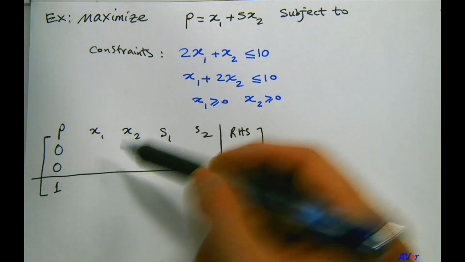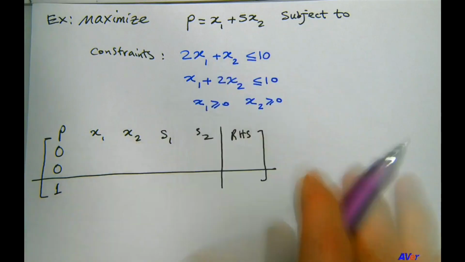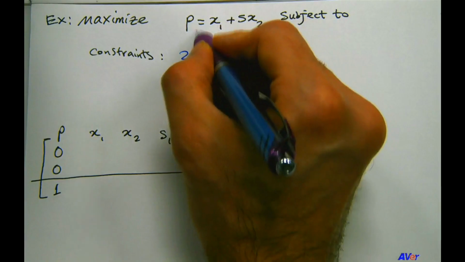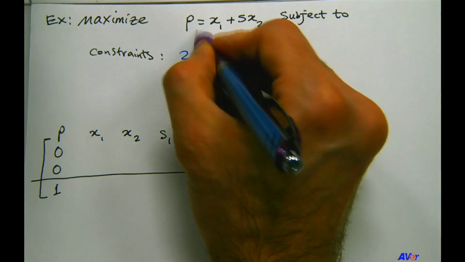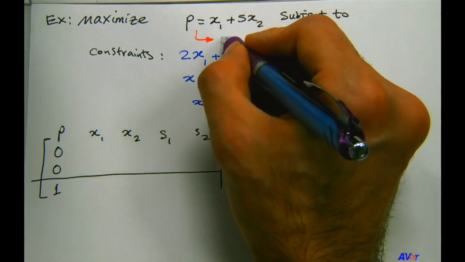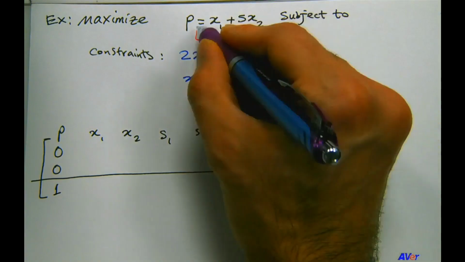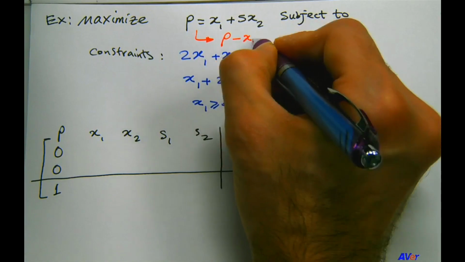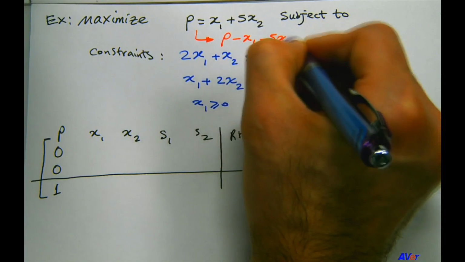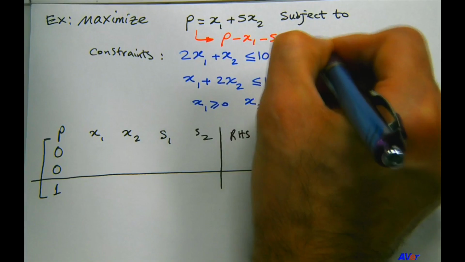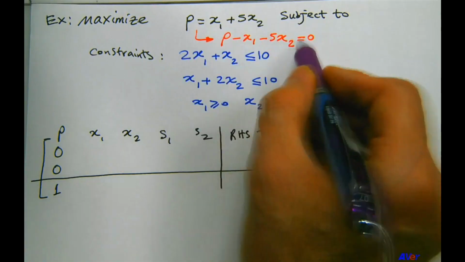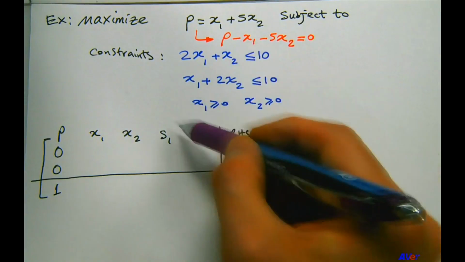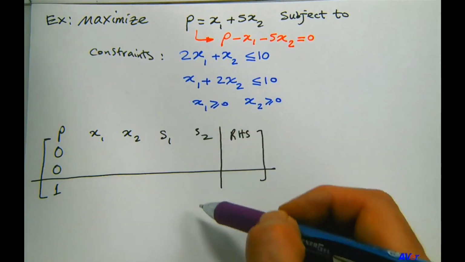So one more thing before I import those coefficients into this initial simplex tableau is first, as we said before, let's rearrange these terms in the objective function. So I'm going to move everything to the left and set it equal to 0. So p minus x1 minus 5x2 equals 0, right? Move everything to the left and set it equal to 0. Now these coefficients are ready for import into the initial simplex tableau.